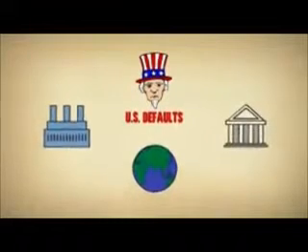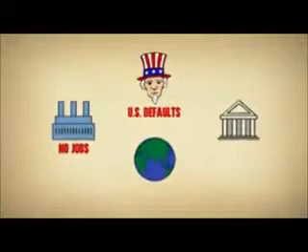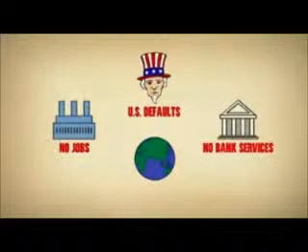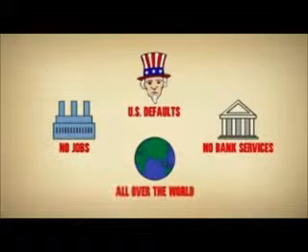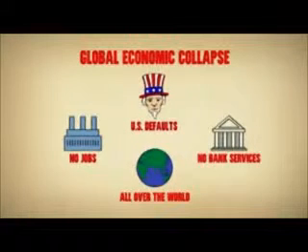If investors can't pay their bills, corporations won't be able to pay their employees. If banks can't pay their bills, you won't be able to take out a loan, use a credit card, or even withdraw your savings. If foreign governments can't pay their bills, their own banks and corporations will have the same problems. That's called a global economic collapse.